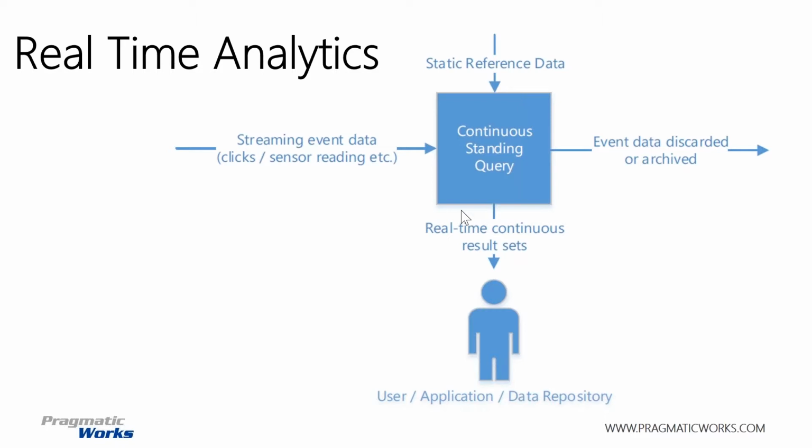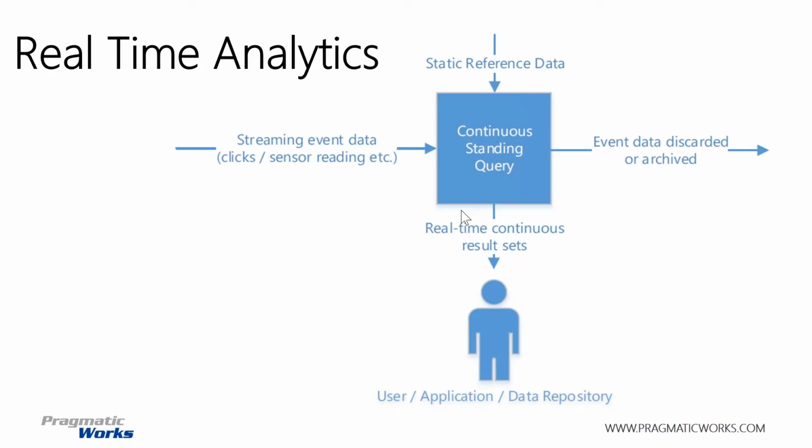We're going to push that real-time continuous result set to our users, and we can do that a number of ways. The way we're going to do it today is we're going to push it to a Power BI dashboard. And so what that'll give our users is a real-time view of the data as it's flowing through within a Power BI dashboard. We can also pull in some static reference data to relate to those streaming events if we'd like to. Just for the sake of time, we're not going to pull that in today.